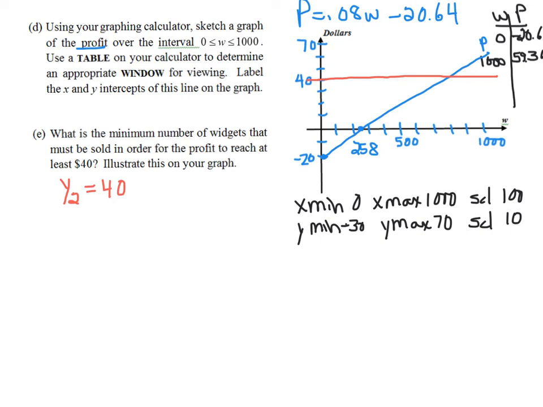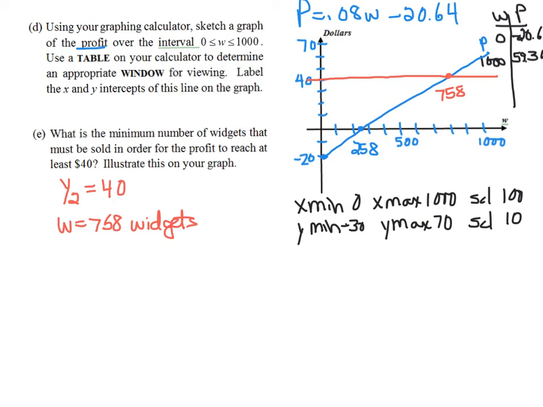Remember that we end up pressing enter 3 times, and we find out that the intersection point turns out to be W is equal to 758 widgets. Now I'd like to verify that algebraically in just a second as well, but let's label this on our graph. So this point right here is where I have made 758 widgets. Again, it's pretty accurate on my graph.